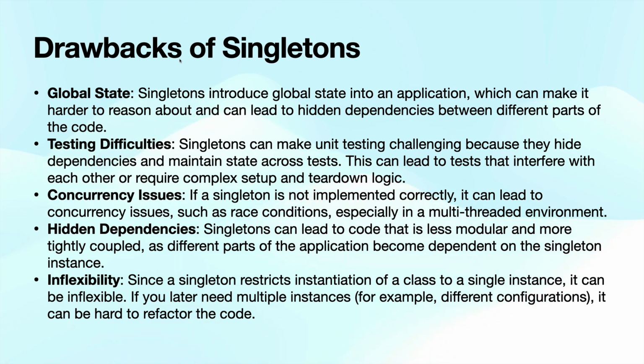So this is where, once again, something like dependency injection comes in handy, which we'll be covering in another video. Another one is inflexibility. As you guys saw with that private initializer, it can make your singleton really inflexible if you need to have custom init parameters, right? If anything needs to be passed in to that singleton class from another component, you can't really do that. For example, different configurations. It can be hard to refactor your code. So those are some of the main drawbacks of singletons, guys.